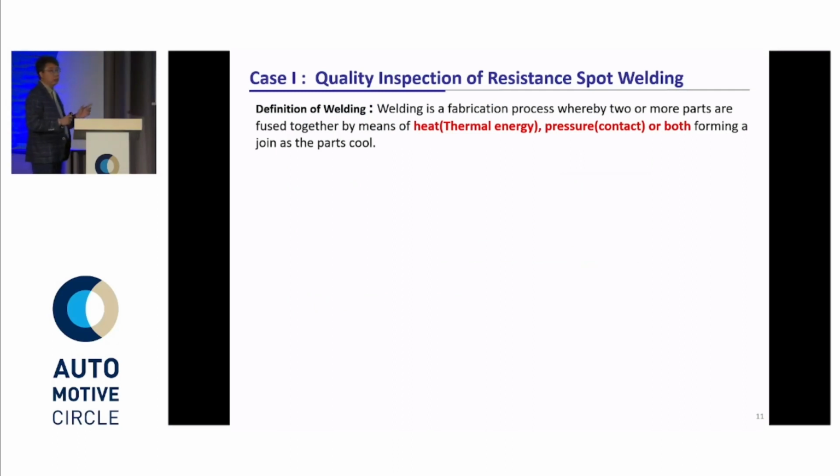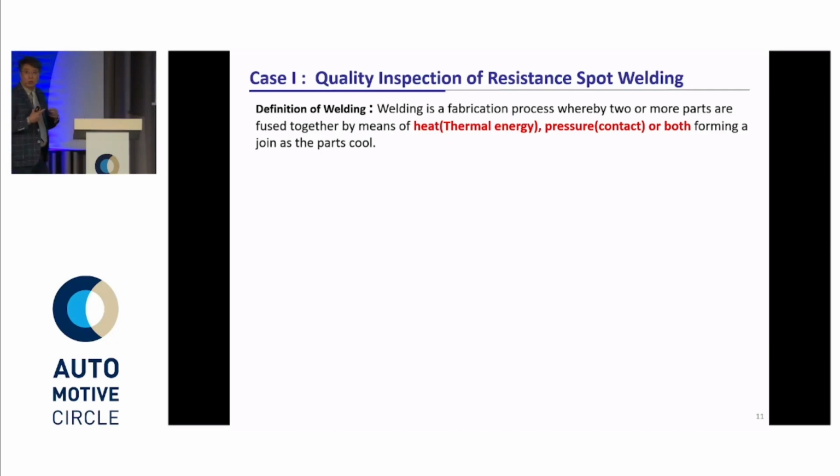So to make this development, I'd like to recall the definition of welding. This is actually the mechanism of our approach. Here, the definition of welding, as you all know very well, is the fabrication process whereby two or more parts are fused together by means of heat, which is the thermal energy, and pressure, which provides the contact area, or both, forming a joint of the part to cool.